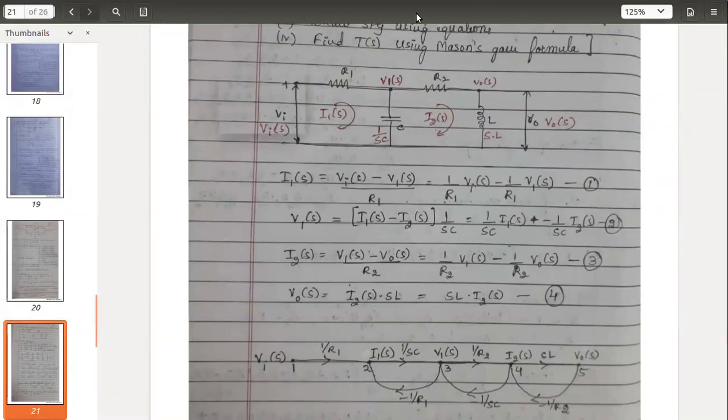Now coming to the equations, let me show you the first equation, I1. The first node is Vi, the second node is I1. From this you can see, on the left hand side you have I1, and on the right hand side you have Vi and V1.